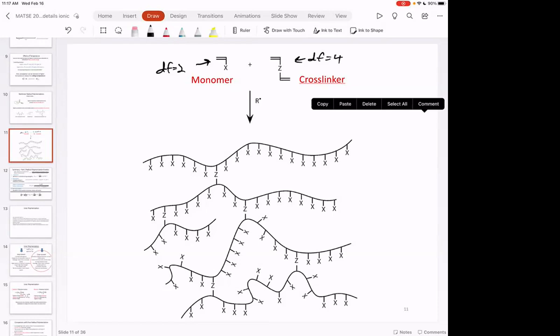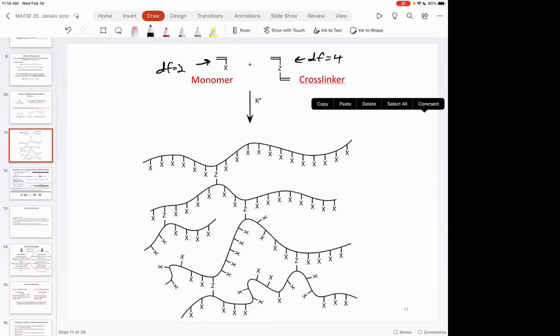And I'm going to ask you something that's specific, right? If I say, well, we're using DF2 monomers and we have short chain branches, what process has occurred? Intramolecular chain transfer to polymer. Does the molecular weight change when I have chain transfer to polymer? No. Okay, good.